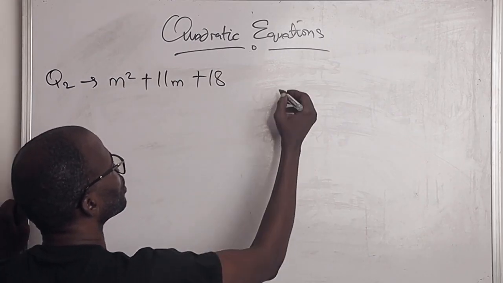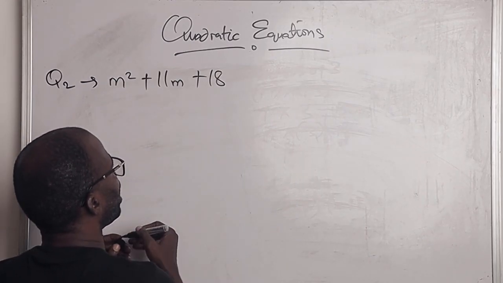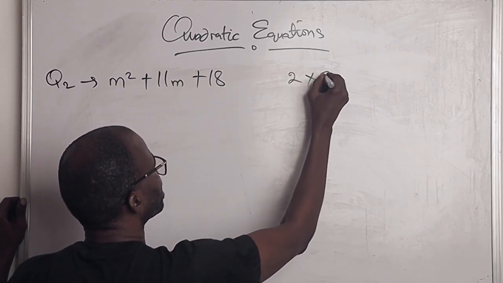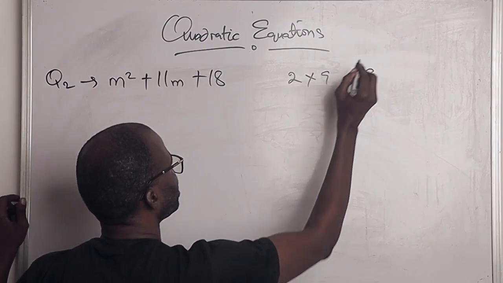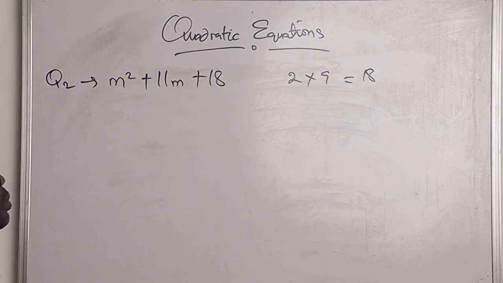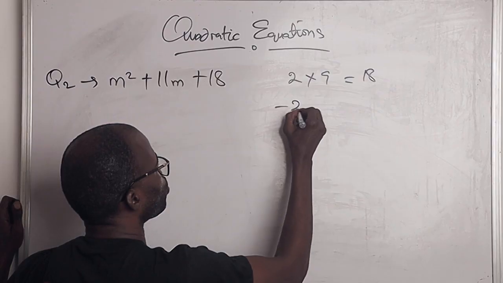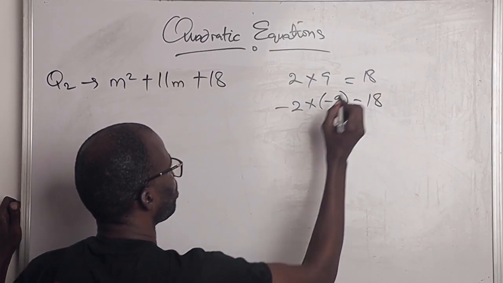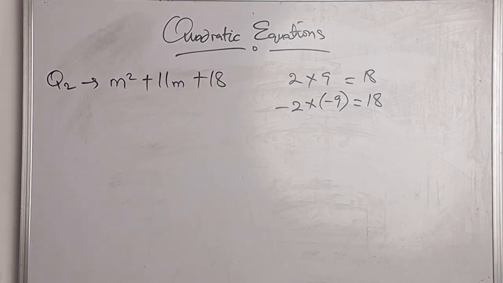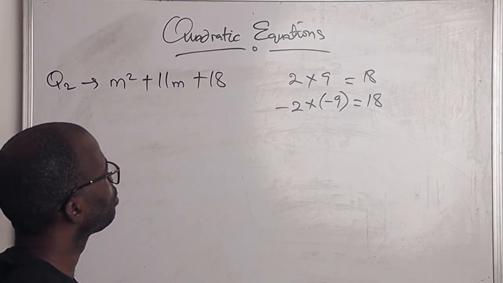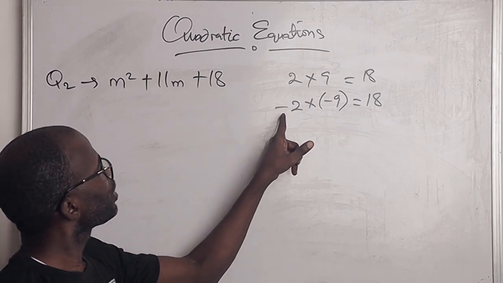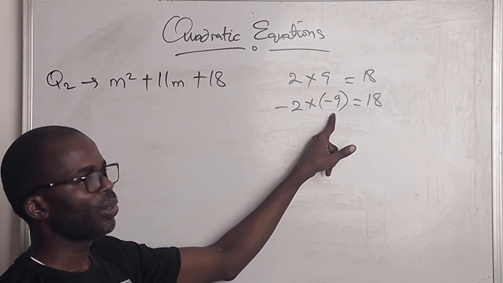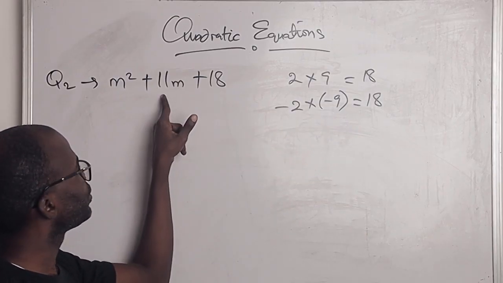Now, the factors of 18. 2 times 9, what will it give me? 18. Minus 2 times minus 9 will also give me plus 18. But if I add minus 2 to minus 9, will it give me plus 11?